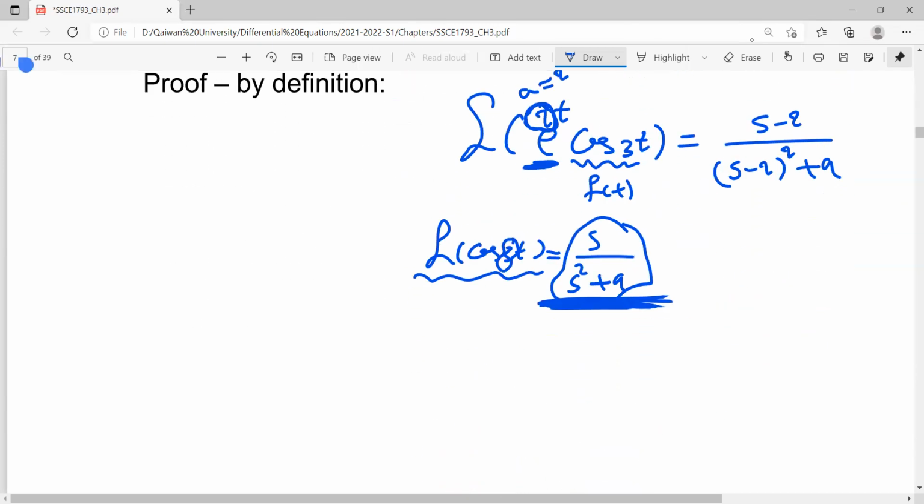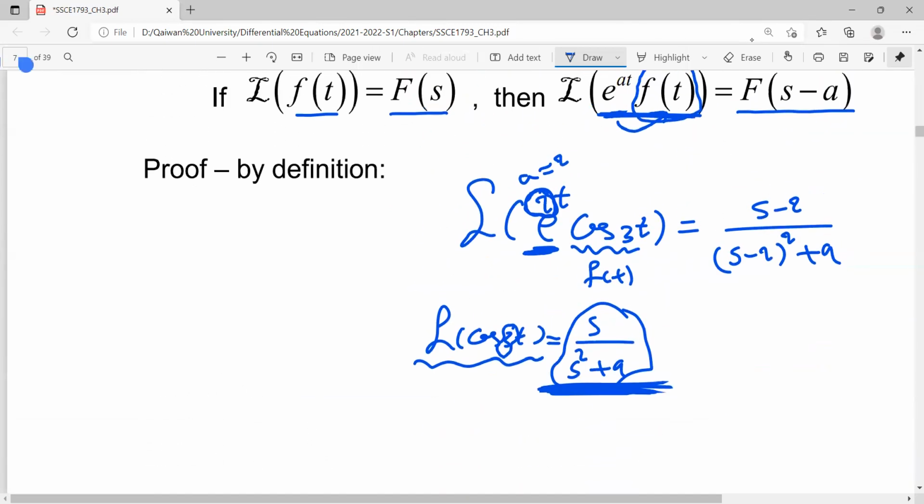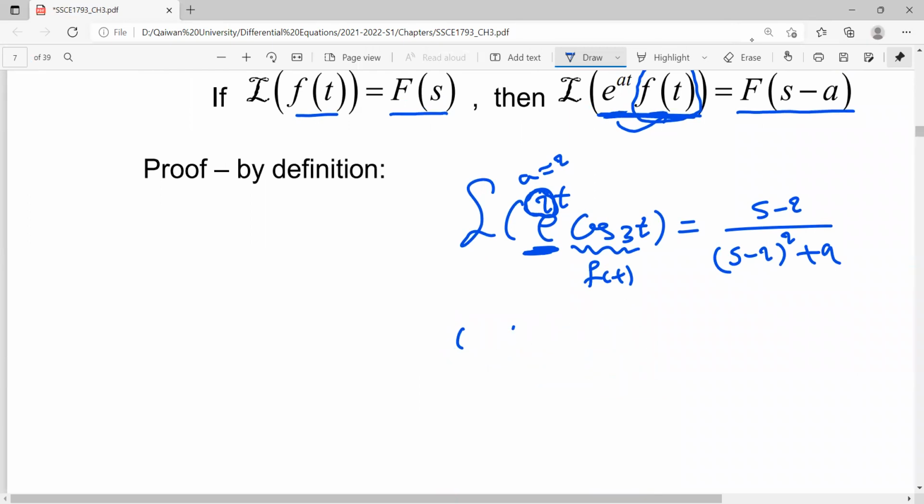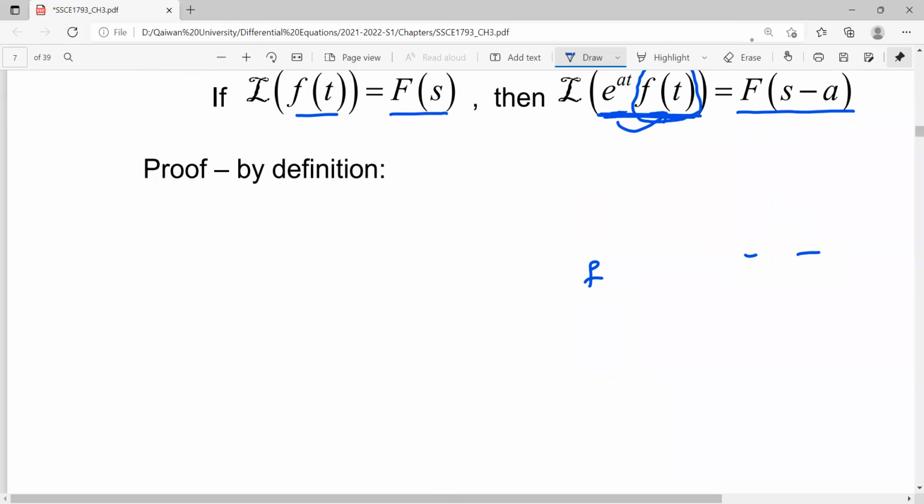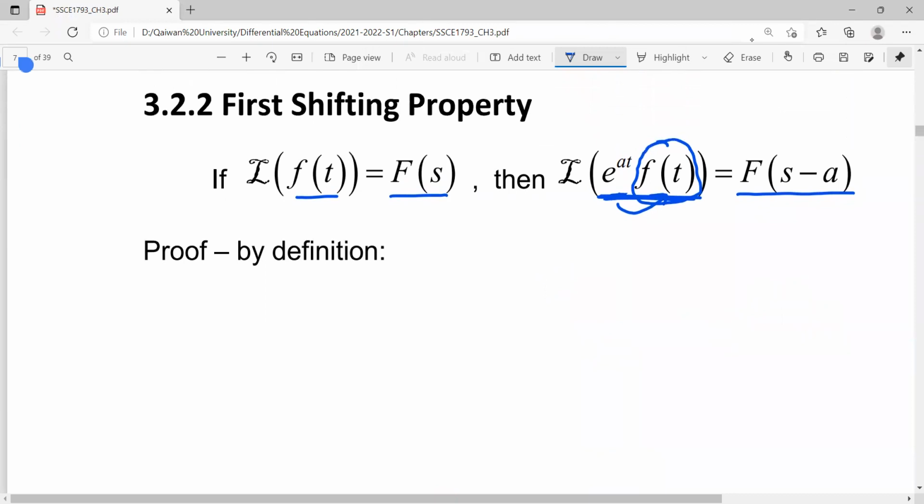Here we have some examples. Let's prove this one, even though the proof is not included for you. We need to prove that F of s minus a equals this one.